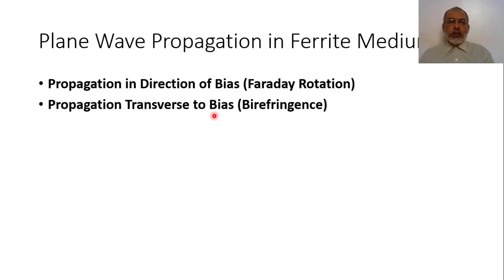In this case, we will note that the propagation will depend on the direction of propagation, and this is what is called the birefringence effect, and we are going to study this birefringence effect. So in this lecture, we are starting with propagation in the direction of bias.